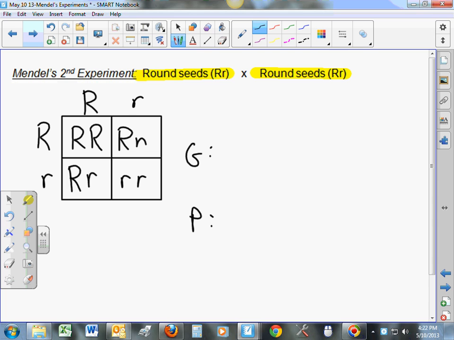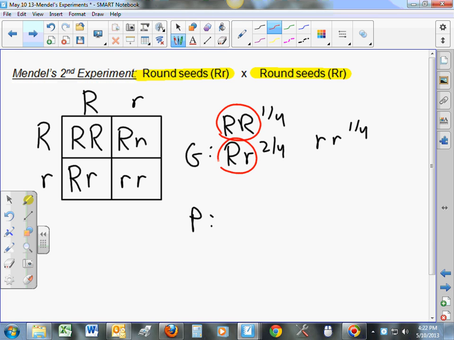So the possible genotypes that we get are big R, big R, and that's a 1 out of 4 chance. You can get big R, little r, that's a 2 out of 4 chance. And you can get little r, little r, that's a 1 out of 4 chance. Now, the phenotypes, here and here, those are all round. So you get a 75% chance of having plants that are round, even though these are both hybrids.